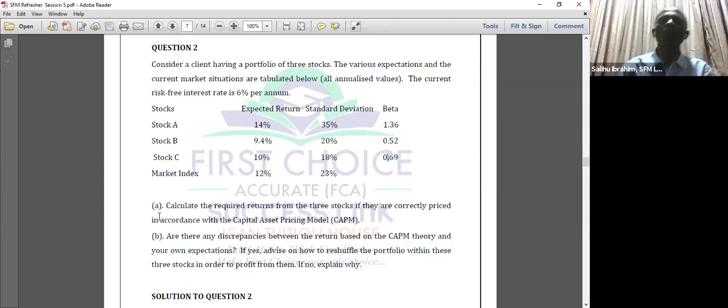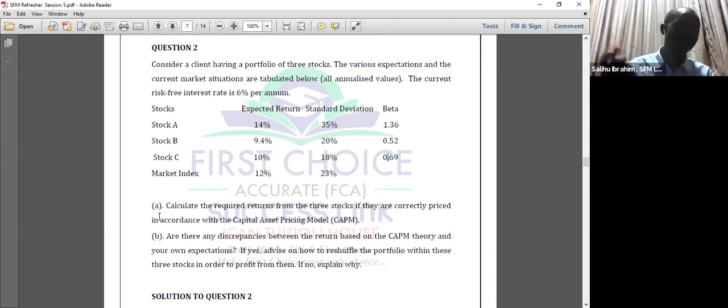And then what about the standard deviation of a portfolio? The risk of the portfolio is measured by the standard deviation of the portfolio as a whole.